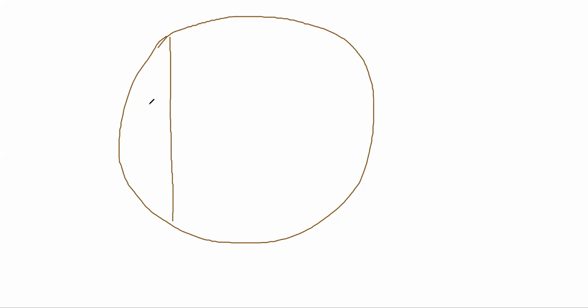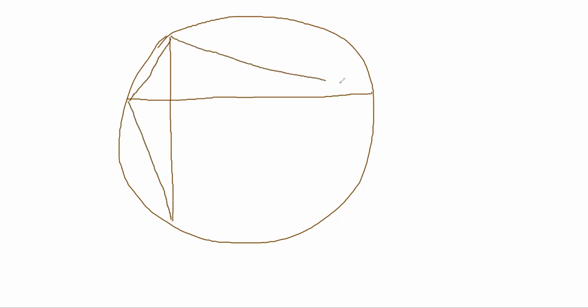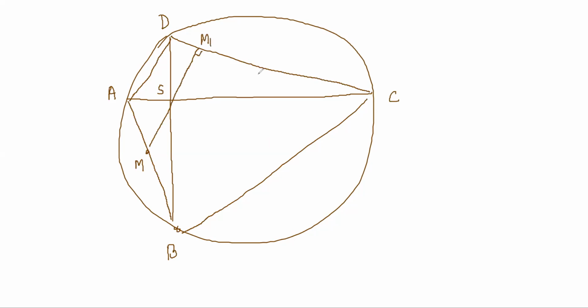So I'll just draw a nicer figure so that it is a little clearer. This is A, B, C, D, and this is my S point, and this is midpoint M. I am saying that MS is perpendicular, this is M1, and P is the midpoint of this side.